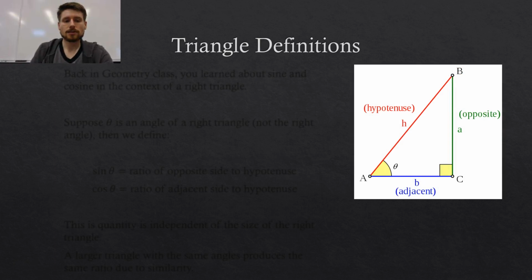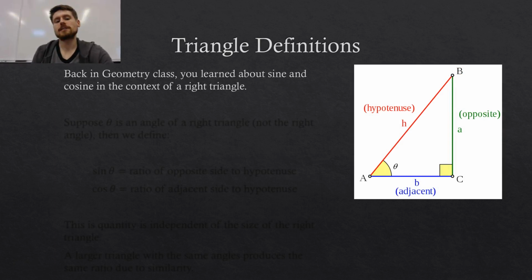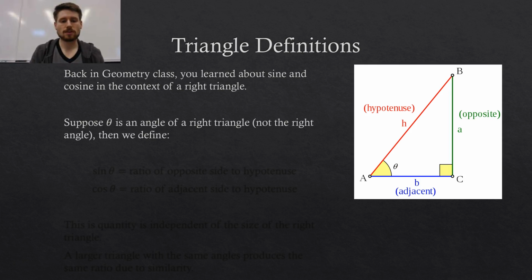Back in geometry class, you did learn about these two functions, sine and cosine, in the context of a right triangle. You learned that the sine had to do with the opposite side and the hypotenuse, and the cosine involved the adjacent side and the hypotenuse.